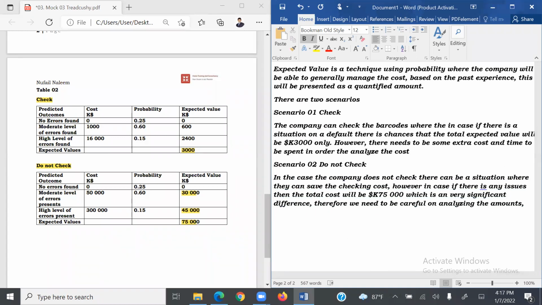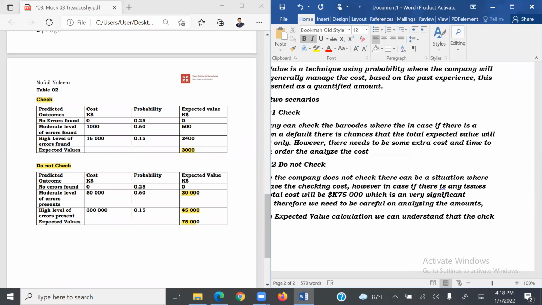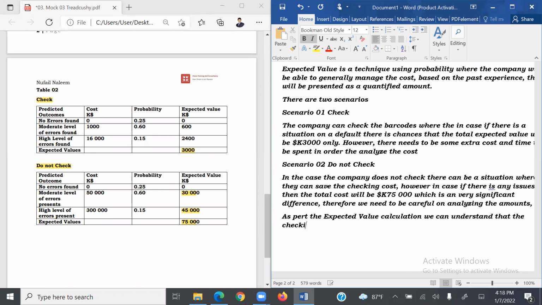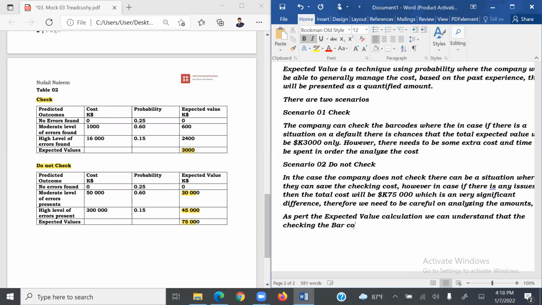As per the expected value calculation, we can understand that checking the barcode is the best solution.